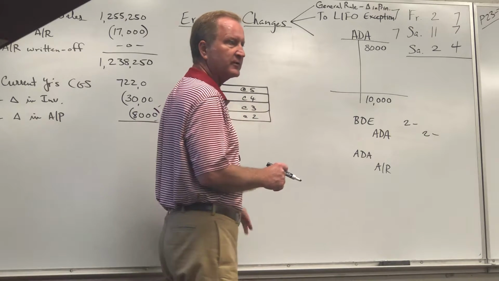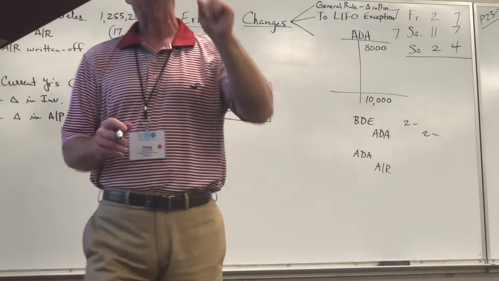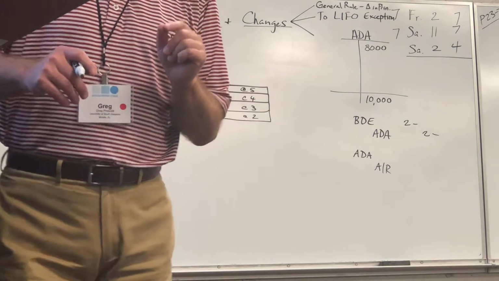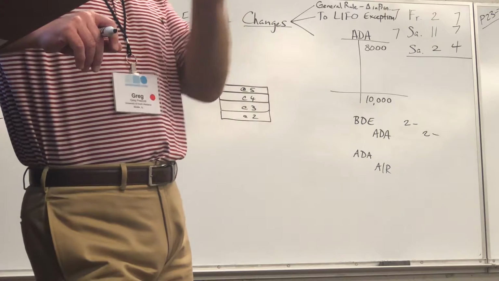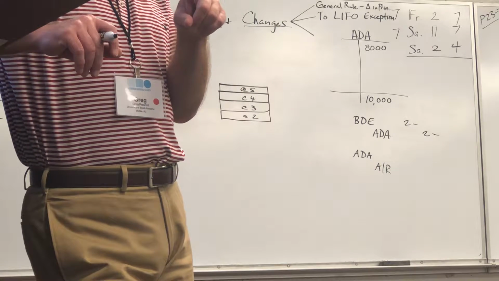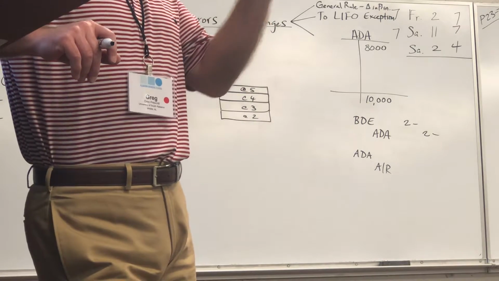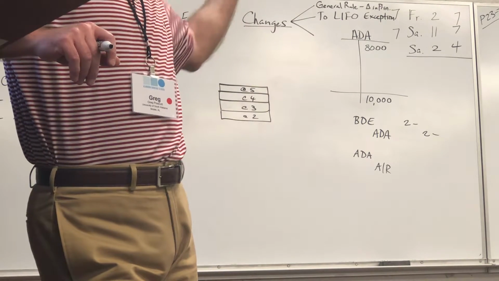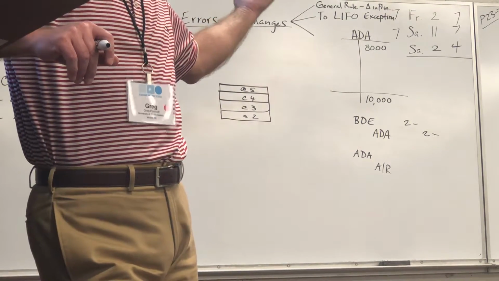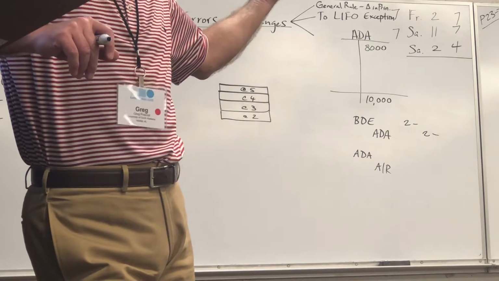And so on and so forth. But if, for example, you had been on FIFO, FIFO says first ones in are the first ones out. So you might not have kept your records in such a way that allow you to go back and create what your LIFO inventory layers would look like.